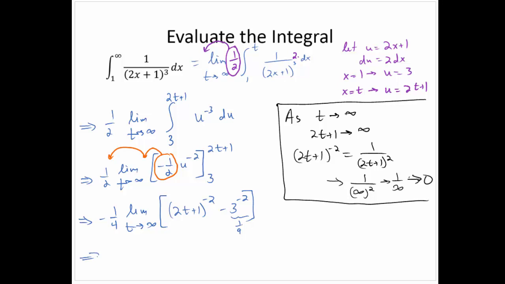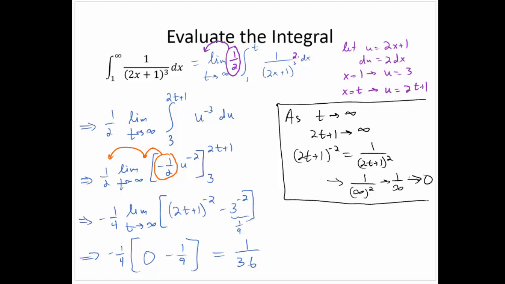So now we have then negative 1/4, and as t approaches infinity, we would have then 0 minus 1/9, and 0 minus 1/9 is negative 1/9 times negative 1/4 is 1/36. So the integral converges to 1/36.